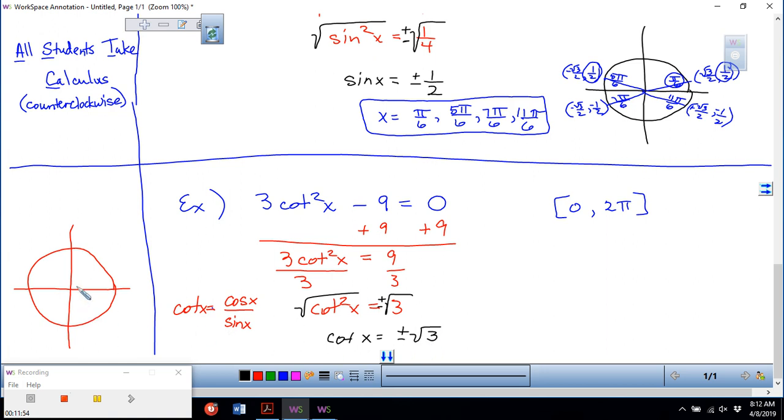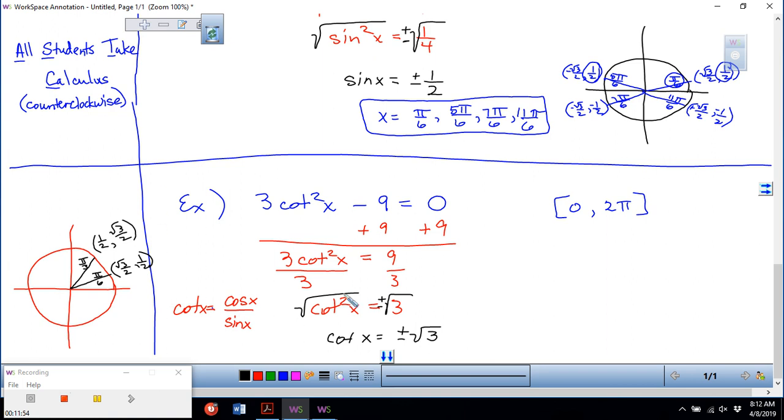Okay, so let's start with our first quadrant. We have 2 locations where we have square root of 3 involved in our ordered pairs. The first one is at pi over 6, second one is at pi over 3. At pi over 6 we have square root of 3 over 2, comma 1/2, and at pi over 3 we have 1/2, comma square root of 3 over 2.